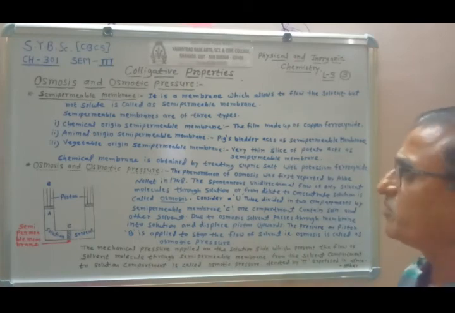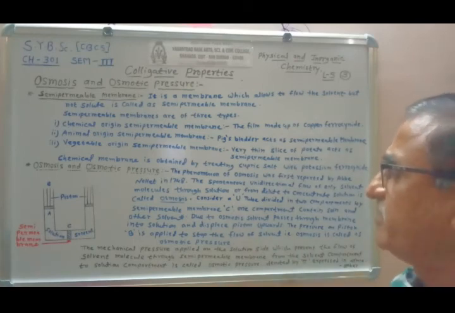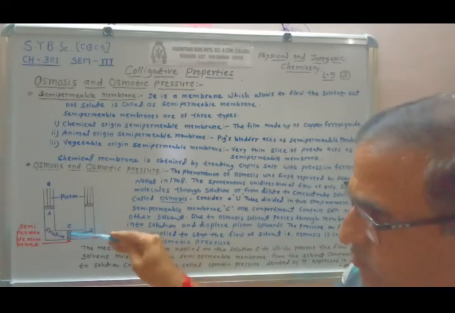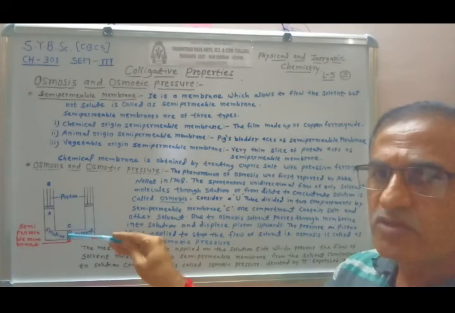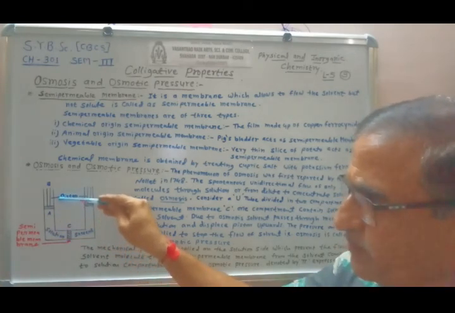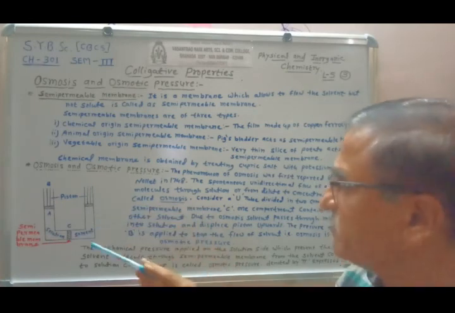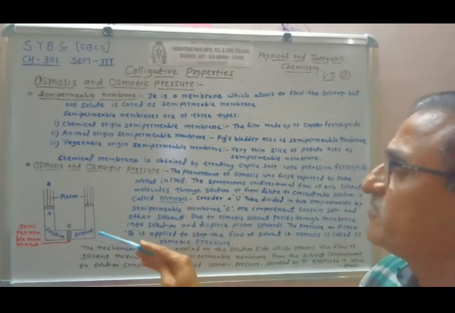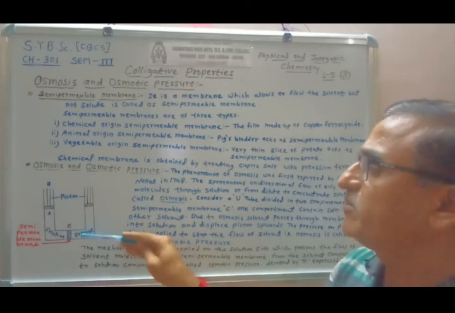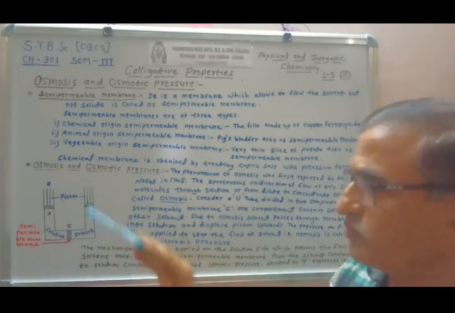The pressure on the piston is applied from B. So here solvent flows through the semi-permeable membrane into the solution, and the piston moves up. So this is osmosis. This is the natural process in which solvent flows through the semi-permeable membrane towards the solution.